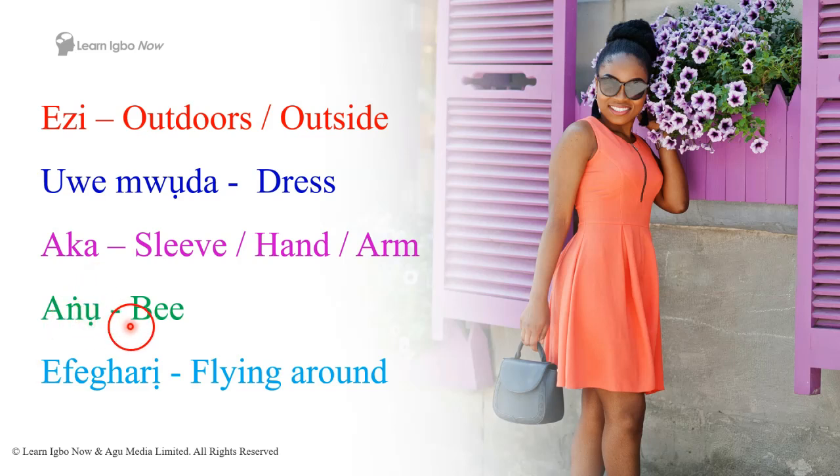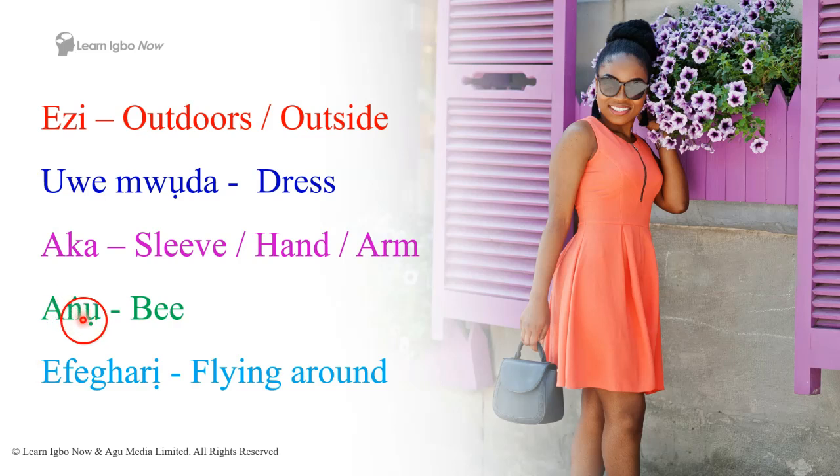Aṅụ, bee. Aṅụ, bee. Remember that the N with the dot or stroke on top, the sound that comes with it is like the ing sound in English. So like you're saying coming. So that's how you say aṅụ.